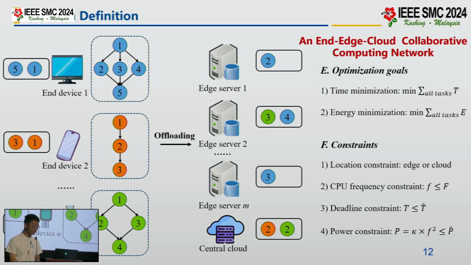The CPU frequency constraint: the CPU's frequency cannot exceed the maximum value. The third is the deadline constraint: an application must finish before its deadline. The fourth is the power constraint: the CPU can only operate in a range of its power.